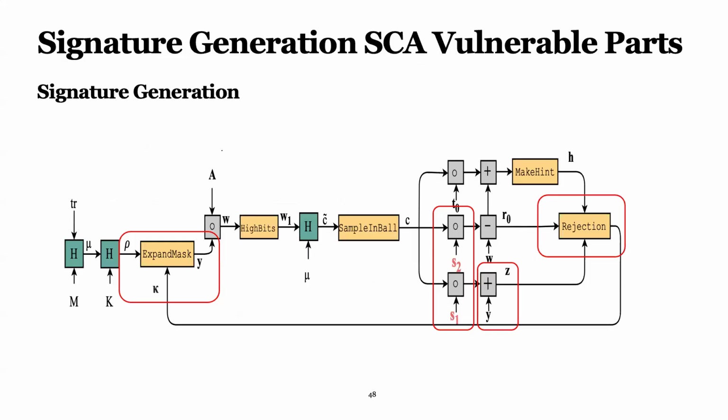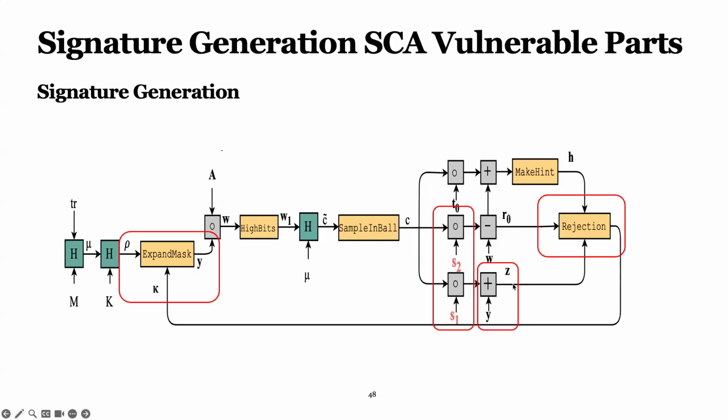First, we have expand mask Y. I will explain later why Y is attackable, but as you see, C, which is a public value, is multiplied with S1 and S2. Then this value is added to Y to generate Z, which is the signature.